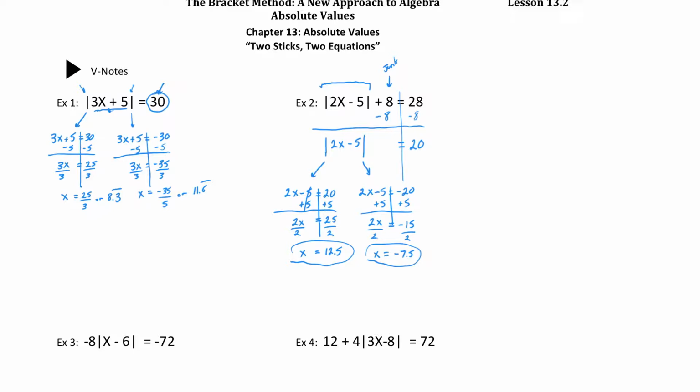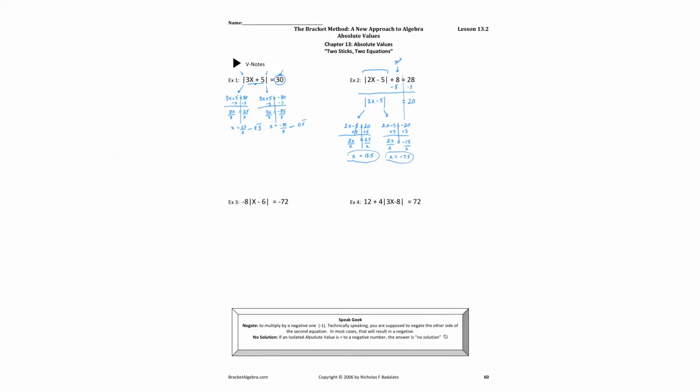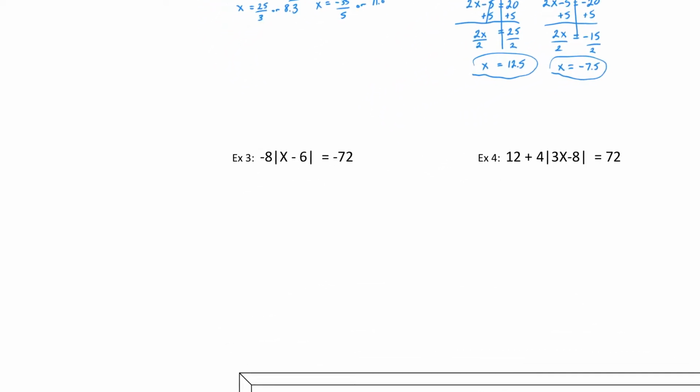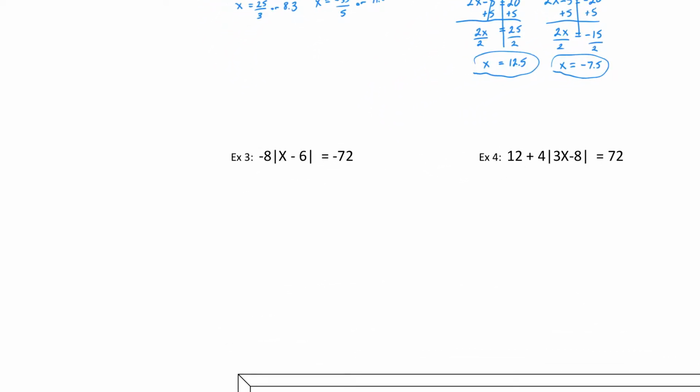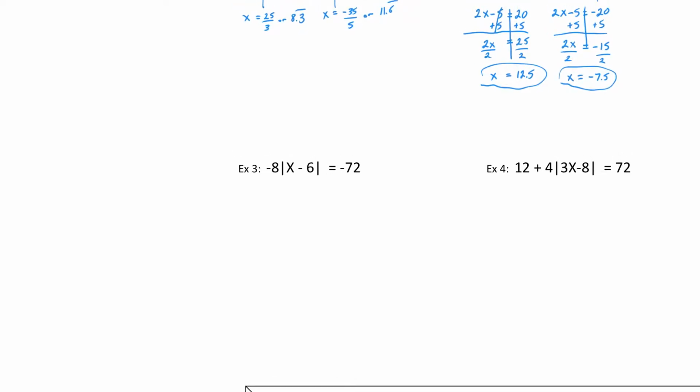Alright, let's take a look at the most strange and questioned problem there is. When we look at this absolute value problem, we notice that there is a negative 8 that is hanging out in front. Now this is the most complicated problem for most Algebra 1 students. I'm going to take it off to the side.